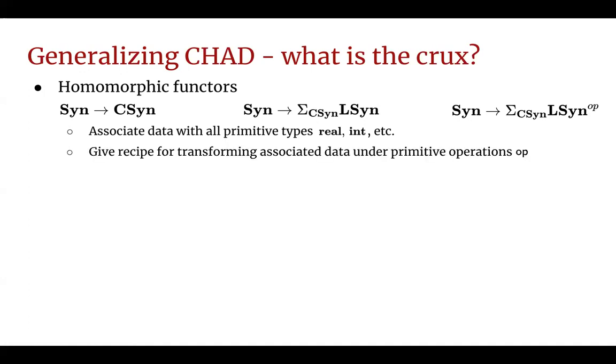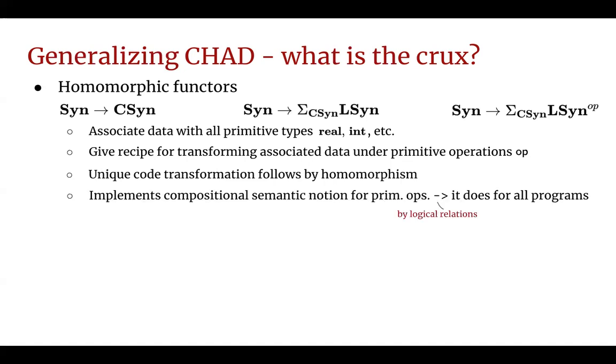And we need to give a recipe for transforming that data under each primitive operation: sine, cosine, exponential, whatever we've included. Then we get a unique homomorphic code transformation out of that. And presumably, if it implements some semantic notion, we can prove that the code transformation is correct for all programs using logical relations.